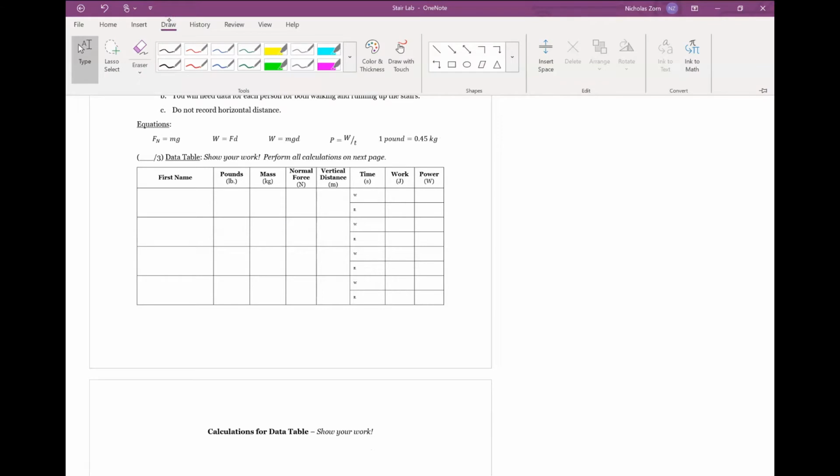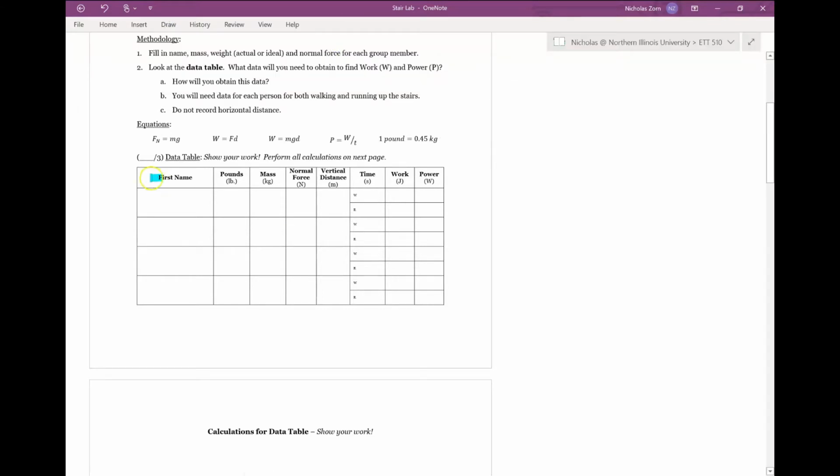Once you have your predictions, we need to collect some data. In order to collect data, we need to first fill in the names and weights of everyone in our group. Now, when we take the weights, we're going to convert them into a mass.